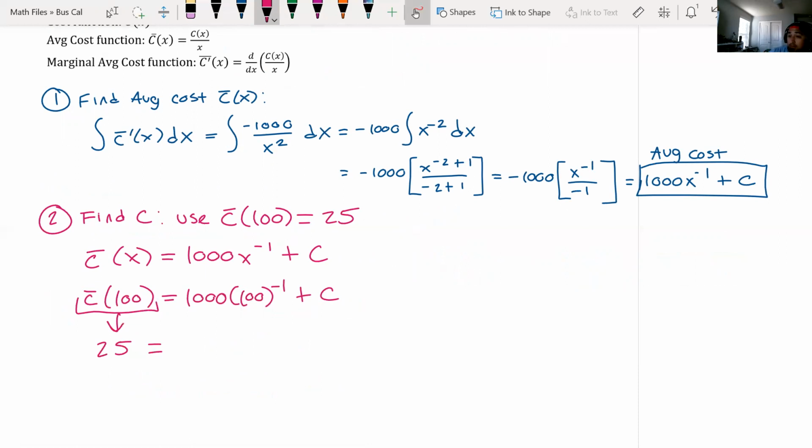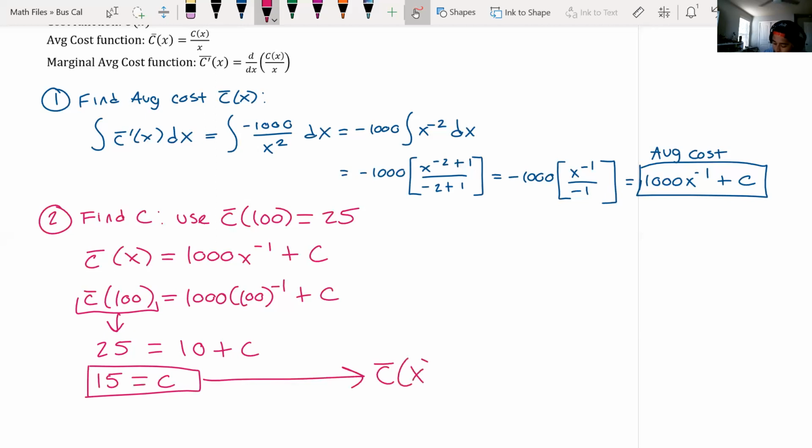And 1,000 times 100 to the negative 1, which is the same as 1,000 divided by 100, gives you 10 plus C. Move the 10 over, and we get 15 equals C. Which means that our average cost function is now 1,000 x to the negative 1 plus 15.